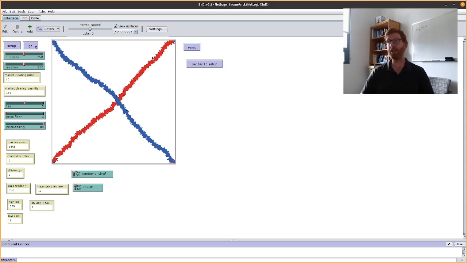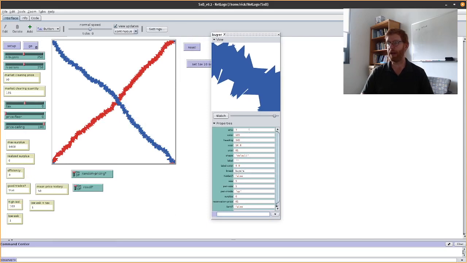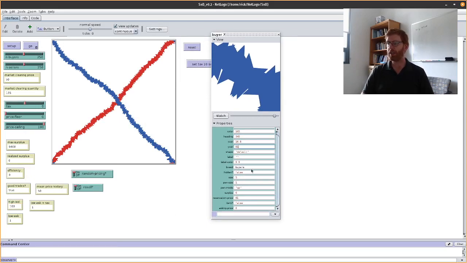Where they are in this space doesn't actually mean anything, but each individual one of them, if we inspect them, what we will see is that we've got some parameters about them. So this is agent number 7. They've got a color, they've got a direction they're facing, they've got some coordinates, but what's important is that they are marked as a buyer.